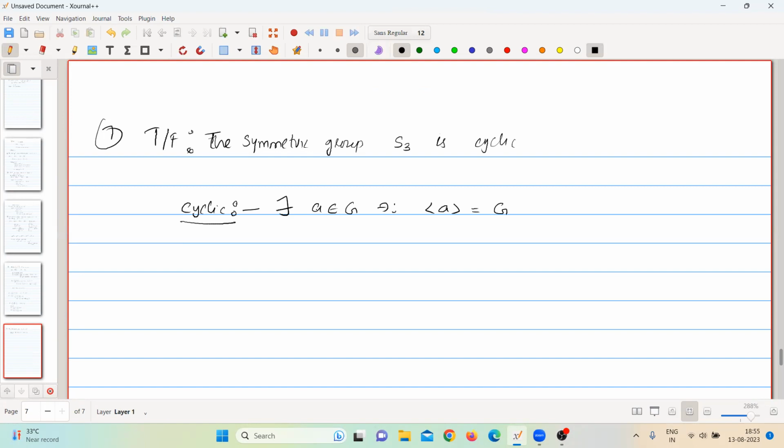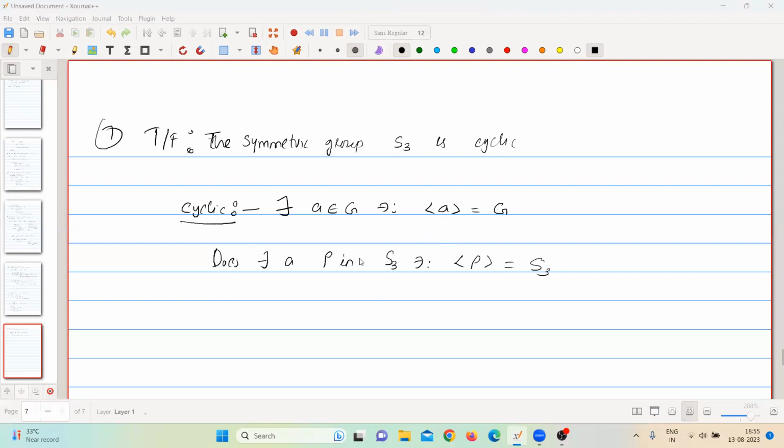So we need to check whether there exists a rho in S3 such that the generator rho is the same as S3. This is the equivalent statement to check whether it is cyclic or not.